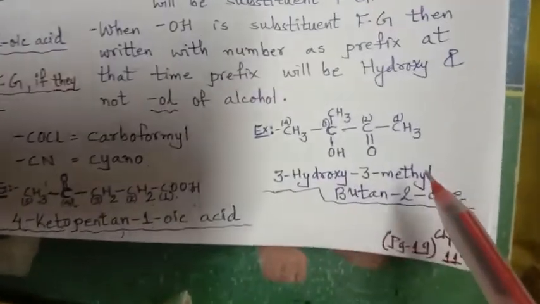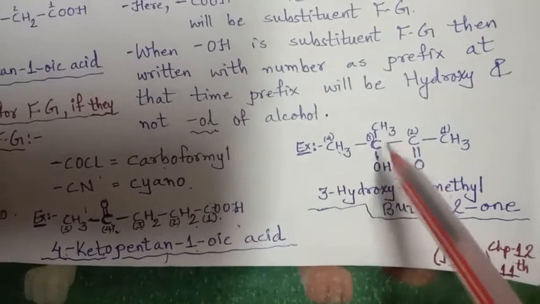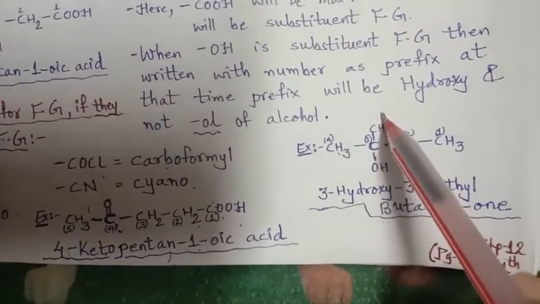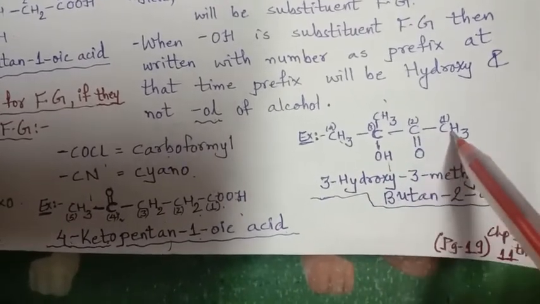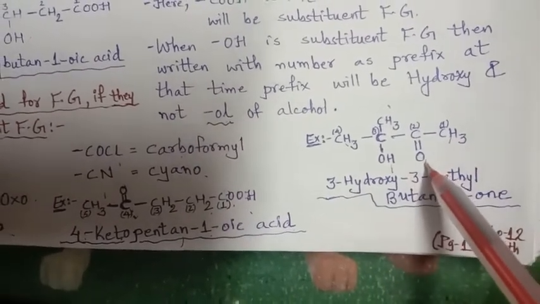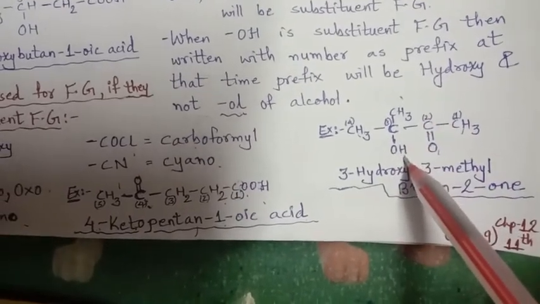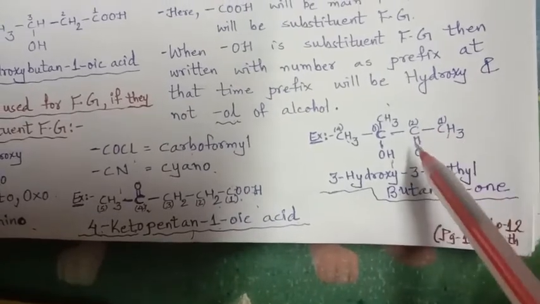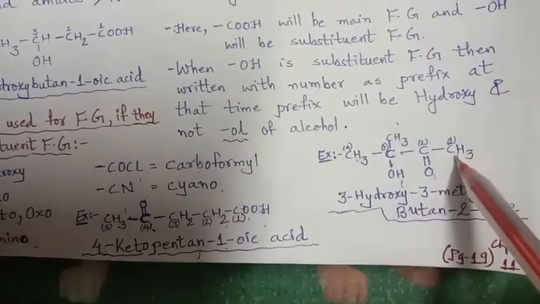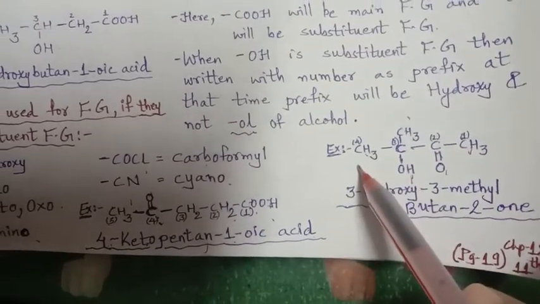Right? See another example here. CH3, C double bond O, and CH3, with an OH and CH3 attachment on the second. Now the ketone group is here, so it will take more preference than the alcohol group. Right? So our numbering will start where the ketone group is present. So it will be from this side. 1, 2, 3, 4. Butane.